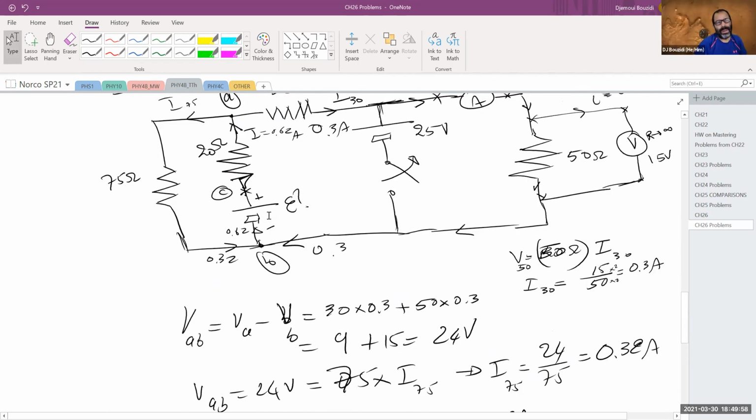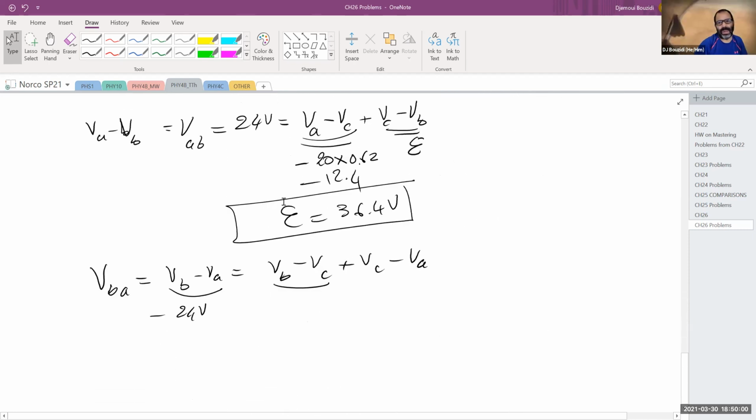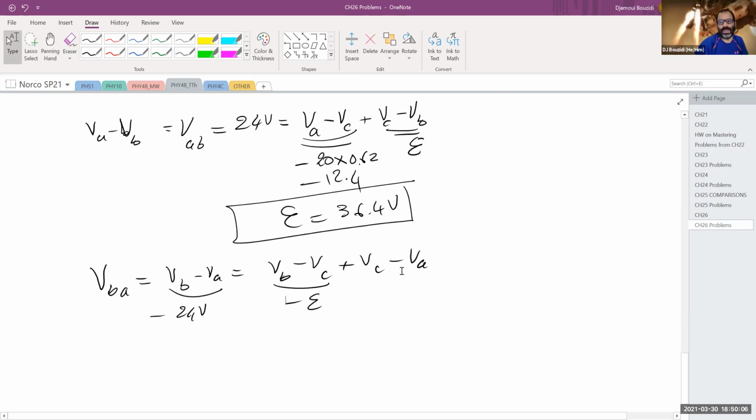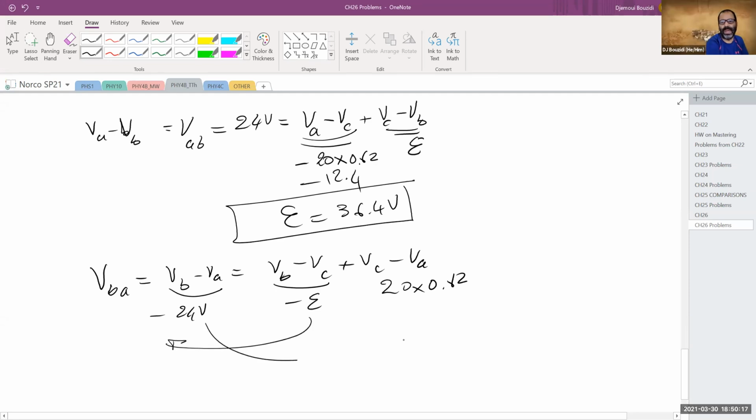So you're going to drop by negative epsilon. And this one, you're just following the current. So it's RI. So it's going to be R, which is 20 ohms, times 0.62 amps. Obviously, this expression will give you the same answer because if you move this to the other side and move this to the other side, the epsilon will still be 36.4 volts.